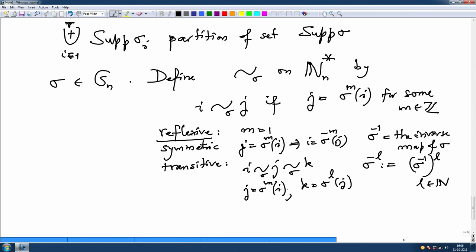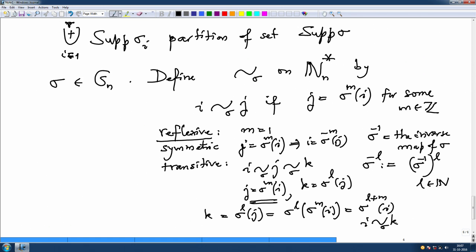Then you apply sigma power l to this equation, and you get sigma l of j, which is sigma l of sigma m of i, which is sigma power l plus m of i. On the other hand, this is k. So k equals this, which shows that i is related to k. So we have checked that this is an equivalence relation on the set 1 to n.